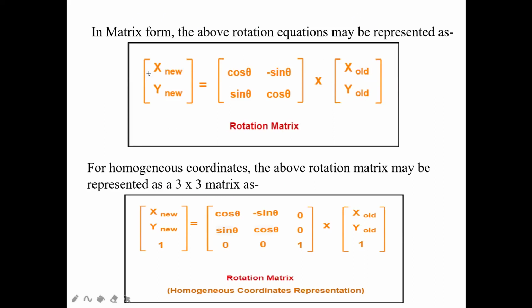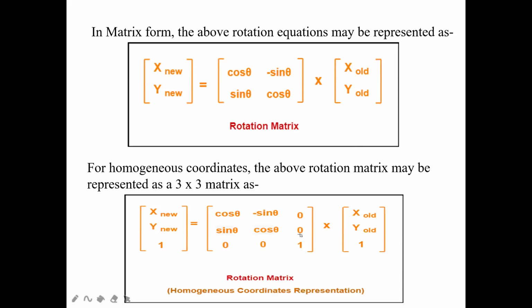Now, in the same equation, if I want to convert into the homogeneous coordinate system, I have already told you that we have to write 1 for your z-axis. So similarly here, x new, y new and 1 equal to the cos theta, minus sine theta, sine theta, cos theta matrix. Everything is the same here, and the diagonal values will be 1.